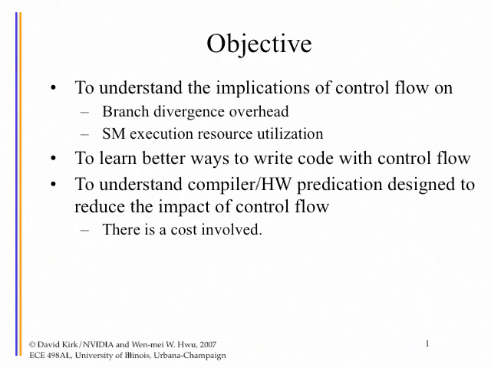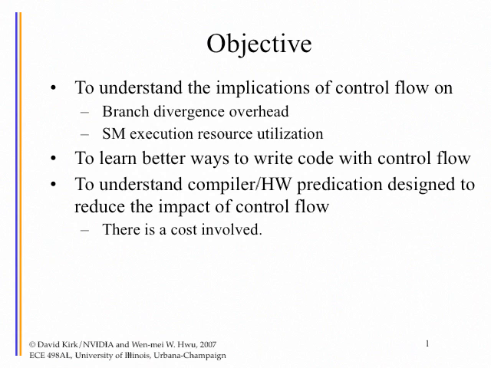Okay. So the objective, lecture slide 2. The objective is to really understand the implementations of control flow on G80, and especially there are two things that we need to somehow understand both, but in a somewhat separate way. One is the branch divergence overhead.